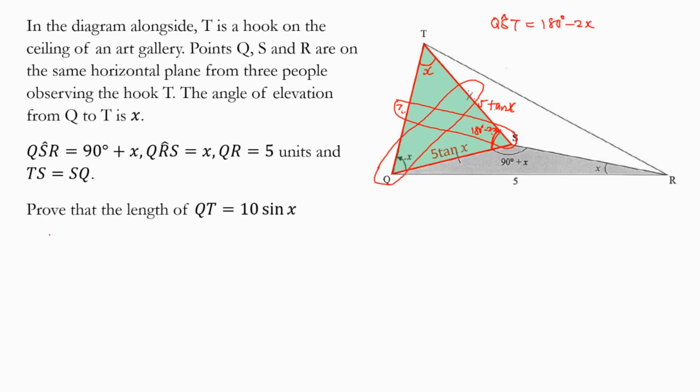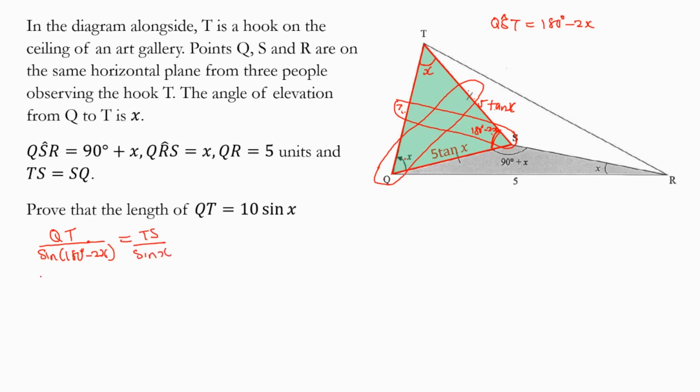So let's start with the sine rule. QT over sine 180 degrees minus 2x is equal to TS over sine x.